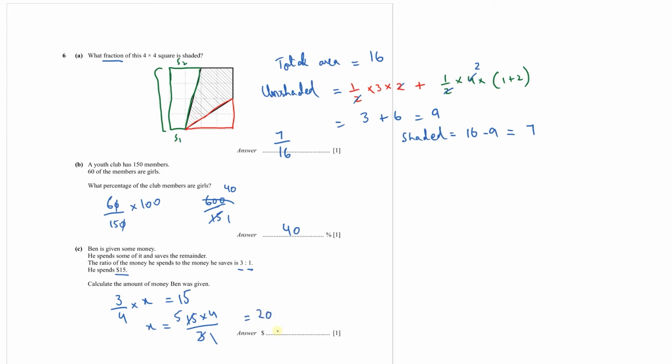So the total amount of money Ben was given was $20. So you use this ratio to find the fraction of money, which was 3 by 4 of the total money X that he spent, and you are given that he spent $15. Then use this equation to solve for X, which is the total amount of money.